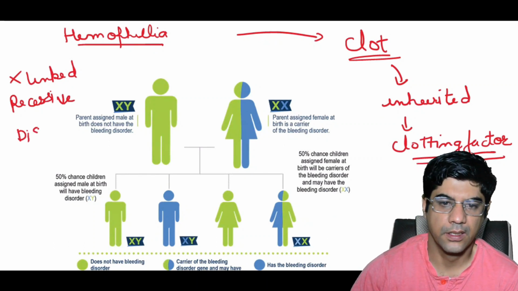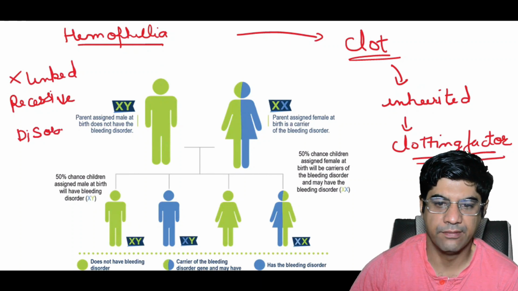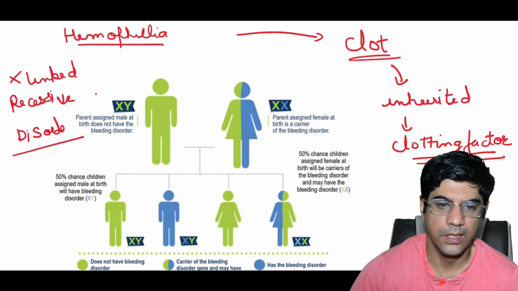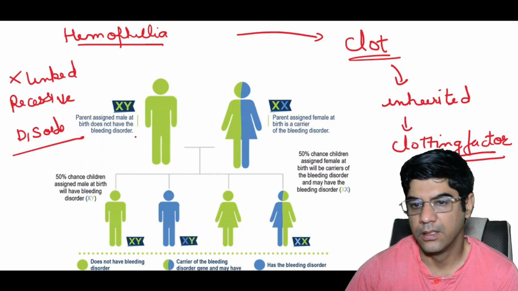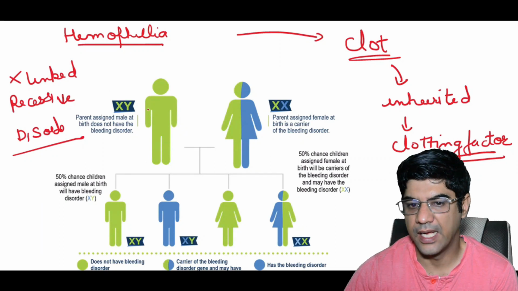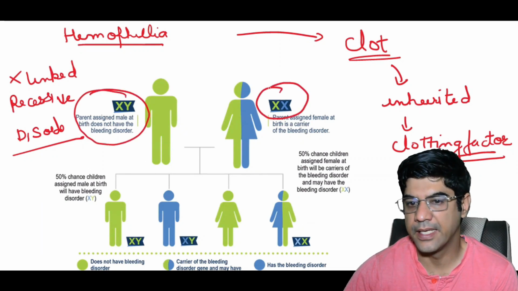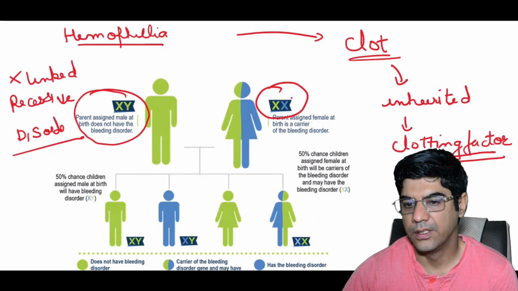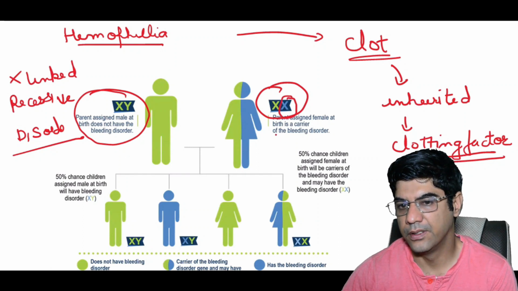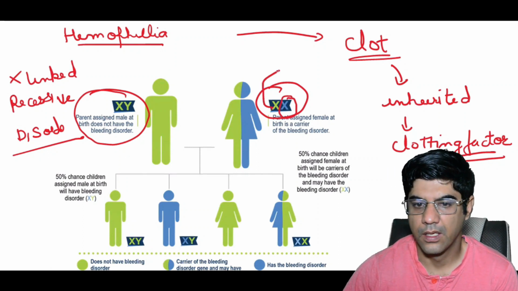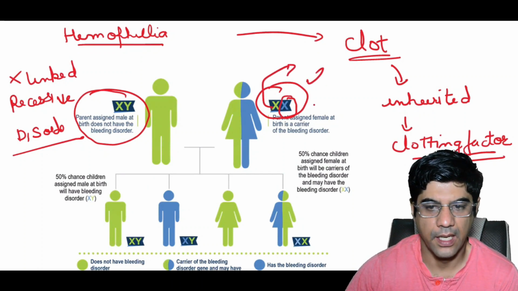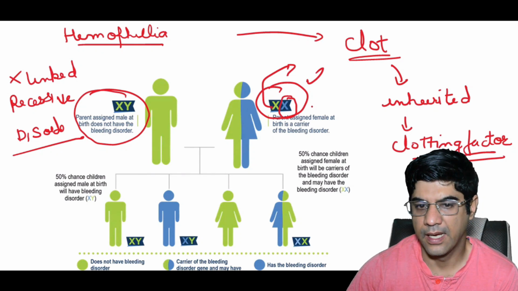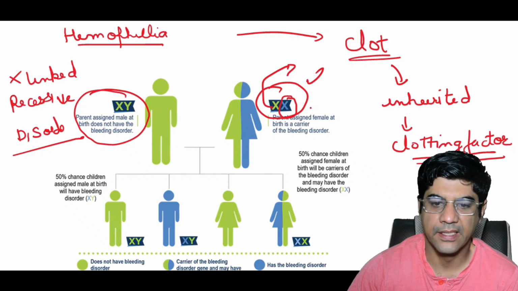Suppose a father with chromosome XY, that is a normal male without hemophilia, and a mother with XX chromosomes, she is a carrier. She has one normal X and the other X has the hemophilia gene.